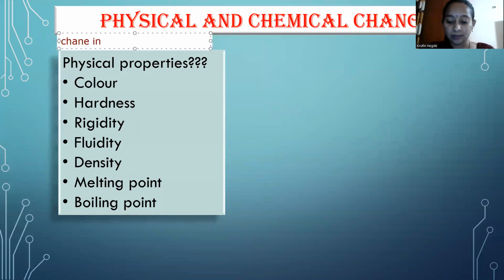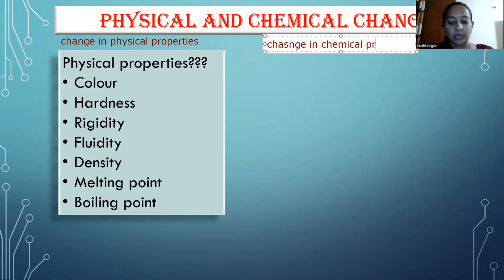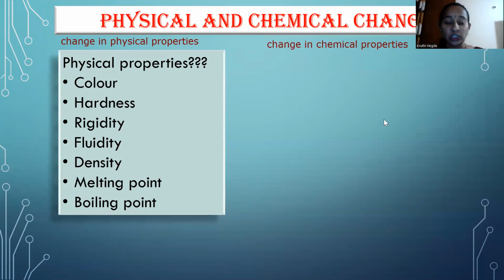Change in physical properties leads to physical change. Whereas if there is a change in chemical properties, then it is called a chemical change. So we need to know which are physical and chemical changes.